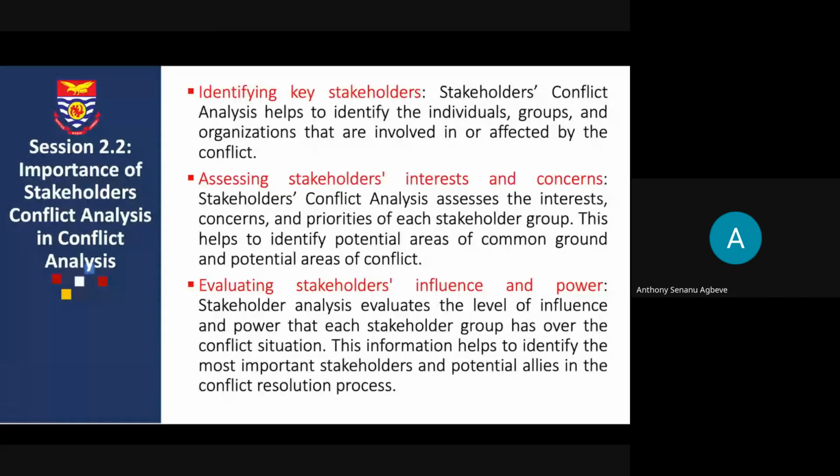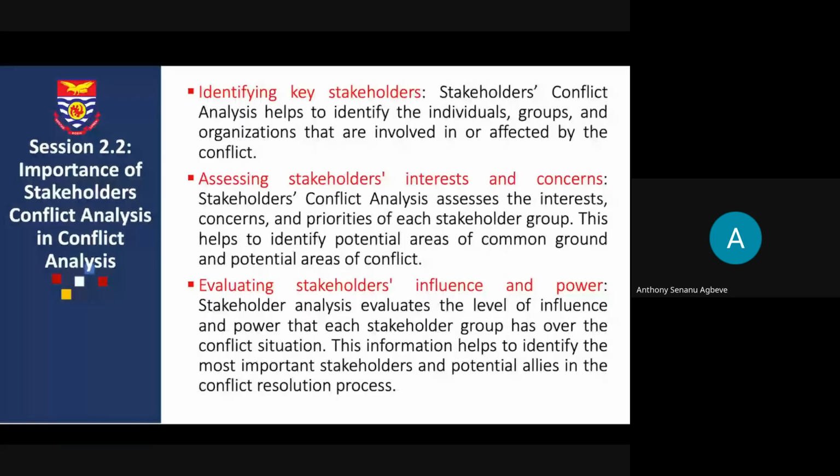So if maybe you have about 7 out of 10 who are all saying the same thing, that this is what they want done, it is one way of resolving conflict. Then some level of consensus. The majority of the conflicting parties are saying they want this done. So it helps us to identify those areas of interest and concerns.